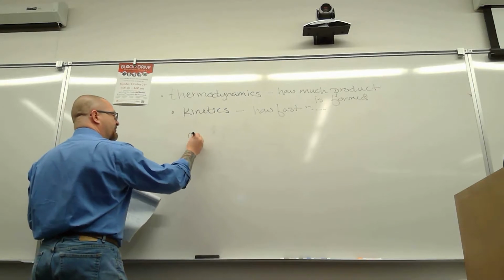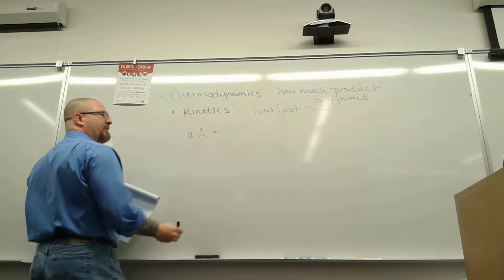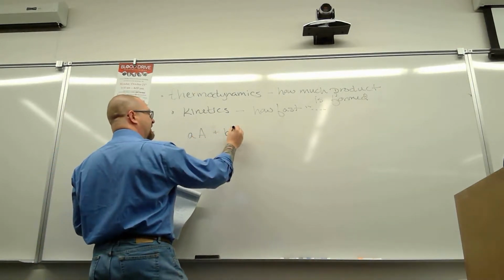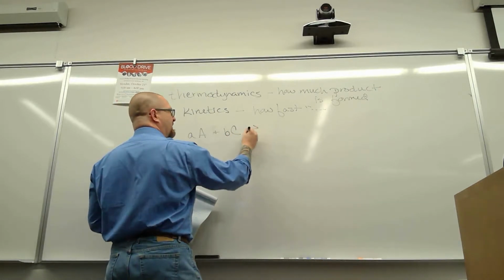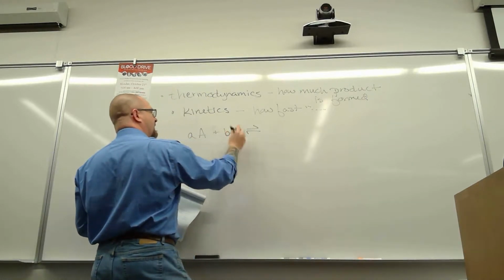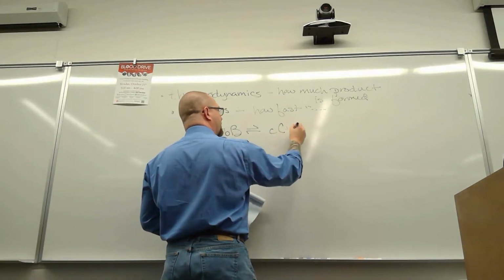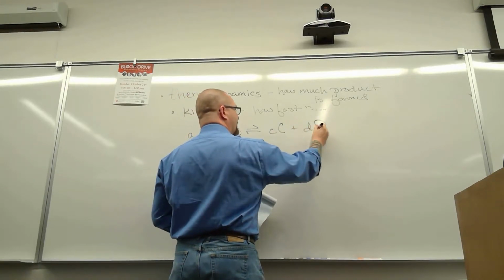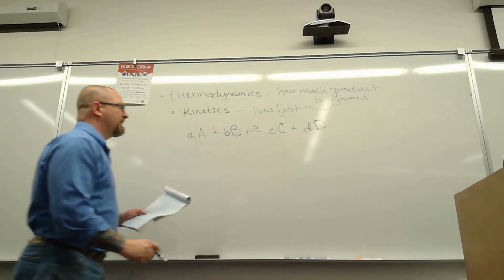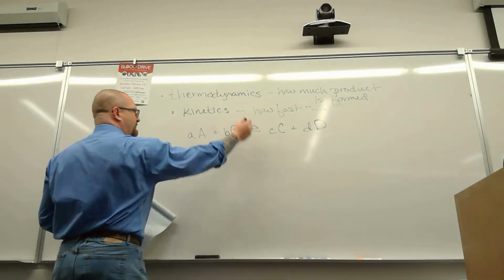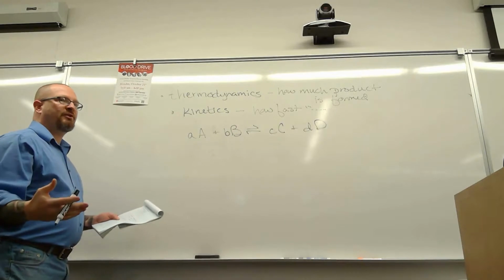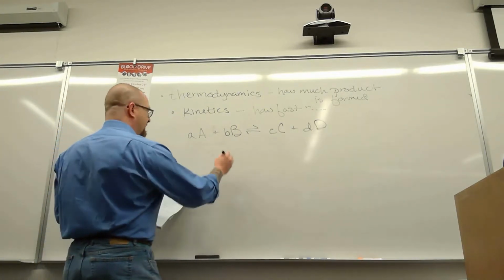For any general reaction where you have a equivalents of reactant A and b equivalents of reactant B at equilibrium going to c equivalents of product C plus d equivalents of product D, we can discuss what's happening in this reaction in terms of the ratio of reactants to products.